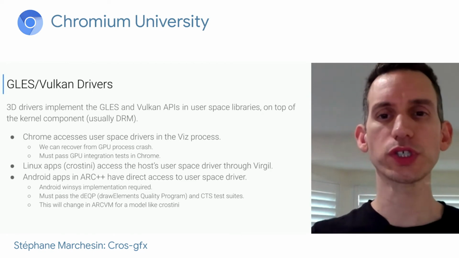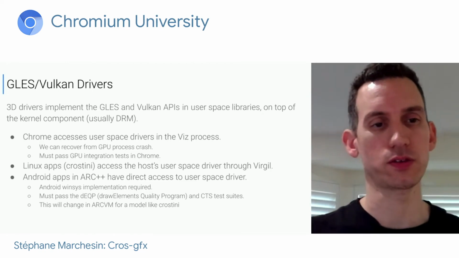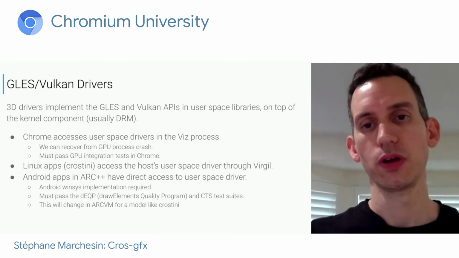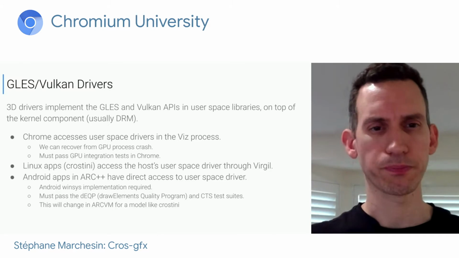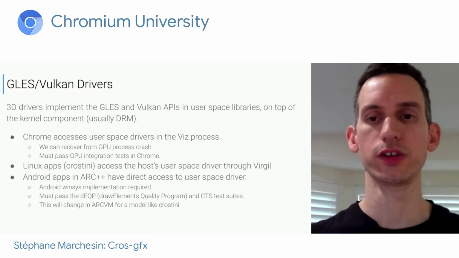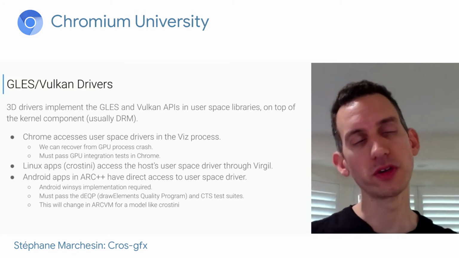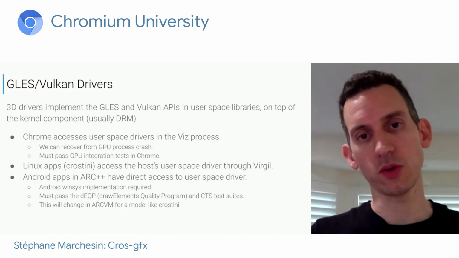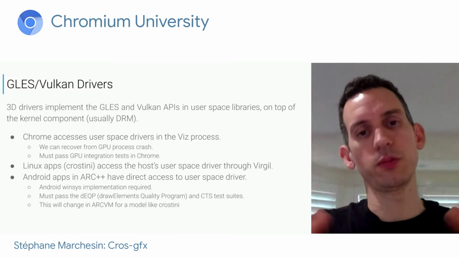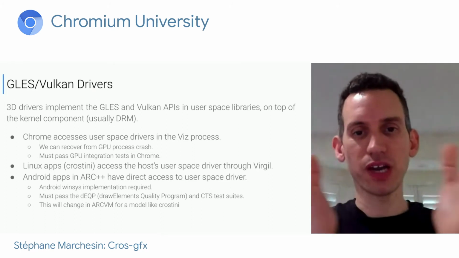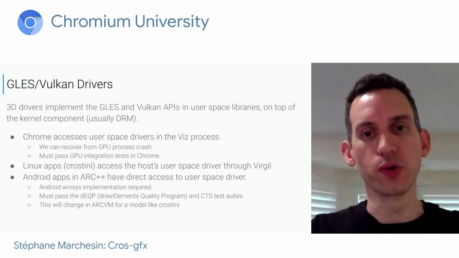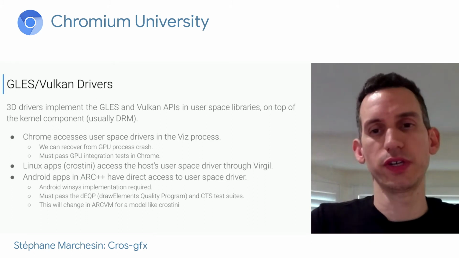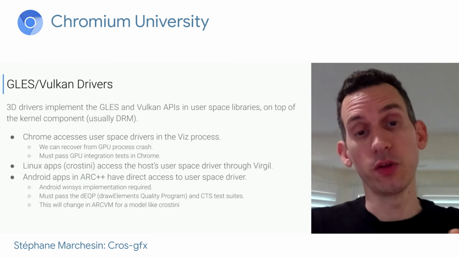For virtual machine graphics, so Crostini, Linux applications, there's a similar mechanism where we virtualize the GPU. Let's talk a little bit about how this works. So in the guest, we have a library called Virgil, which takes all the 3D calls that we talked about, serializes them into a FIFO, and then on the host, we have the counterpart, which deserializes those 3D calls and executes them on behalf of the guest.